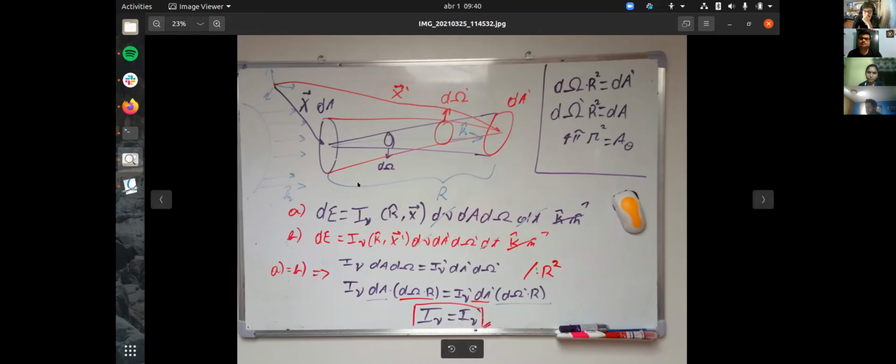So the way I understand this is that it's exactly as you say, Felipe, it's important to bear in mind that we are talking about a ray and that photons travel in the same direction here, okay?